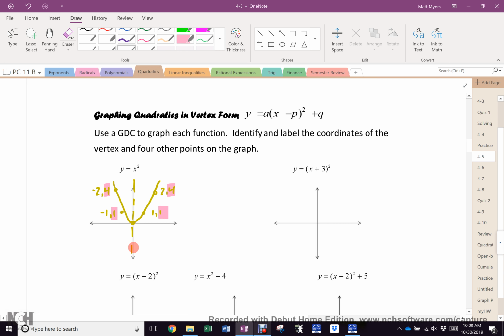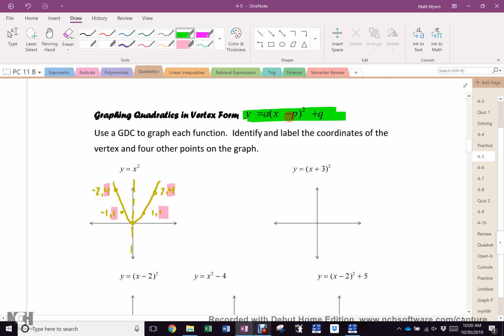Everybody cool? Now notice, please, I have written a new form. We're going to come back to that in a minute. So you're smart kids. If I wanted you to graph this, what would you do? I would use this. And what 5 points did I say are good points to choose? -2, -1, 0, 1, 2, right?